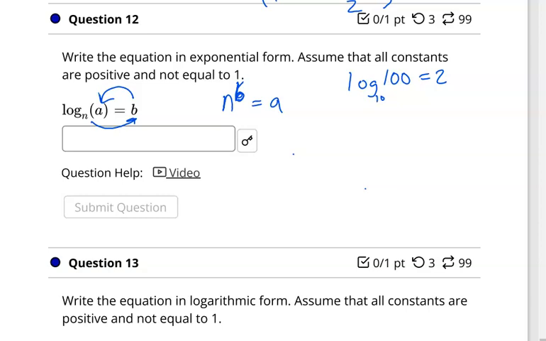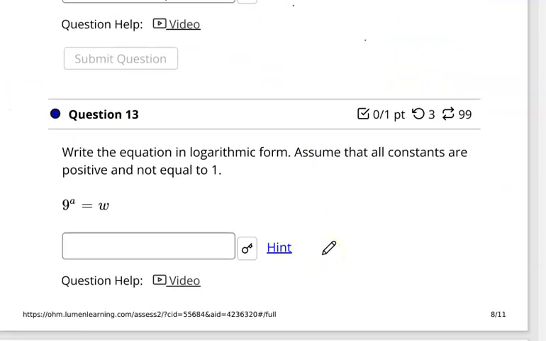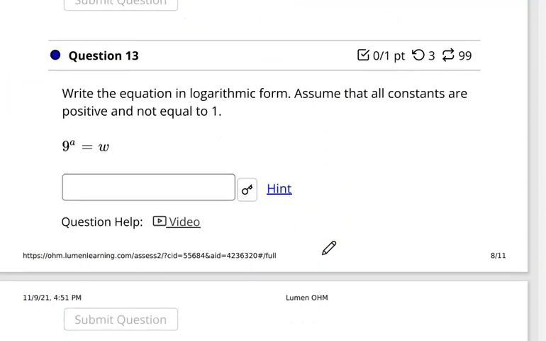Or remember the spiral thing. n to the b is what's inside of there. So n to the b equals a is the answer. Same thing, but going the other way. So remember, write that down again.